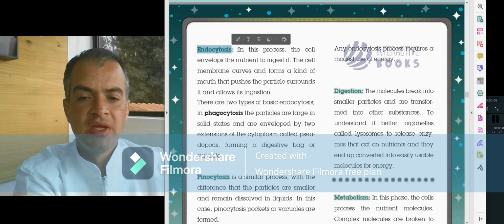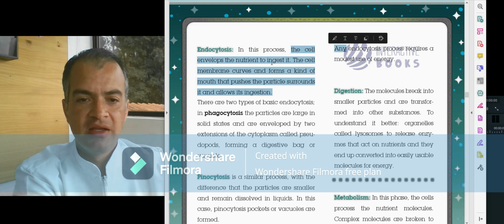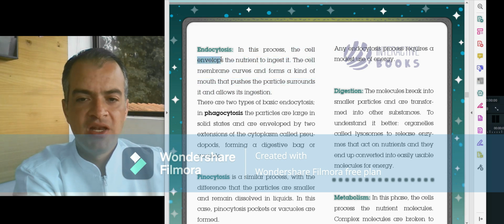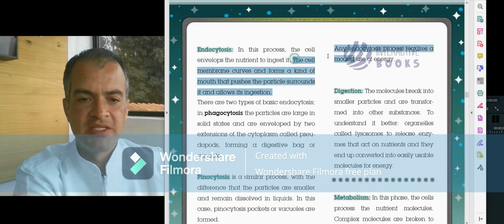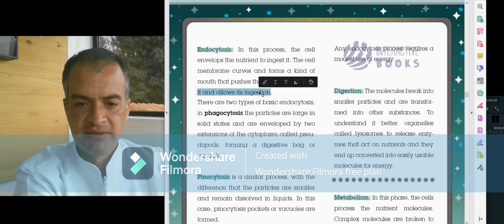Endocytosis. In this process, the cells envelop the nutrients to be ingested. The cell membrane curves and forms a kind of mouth that pushes the particles surrounded and allows their ingestion.